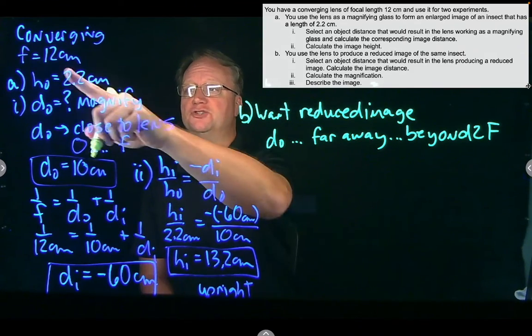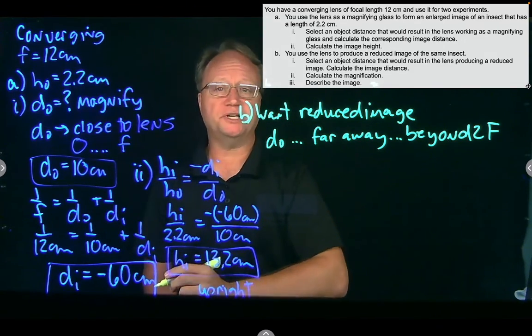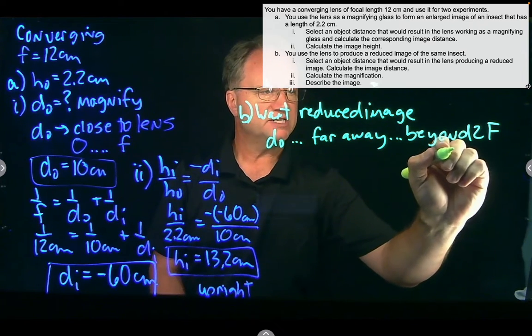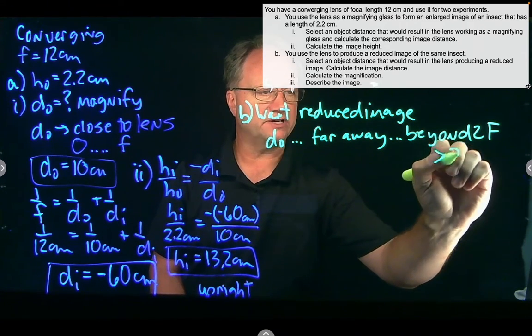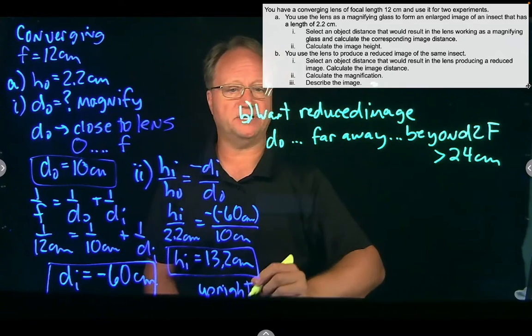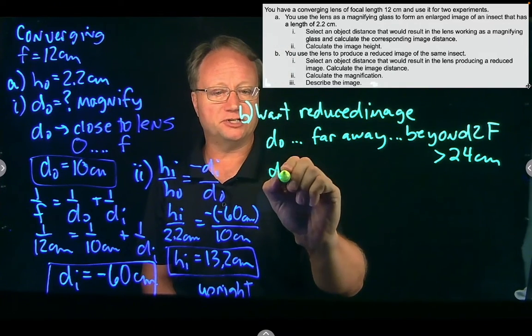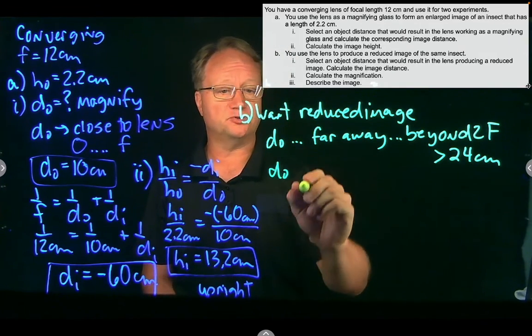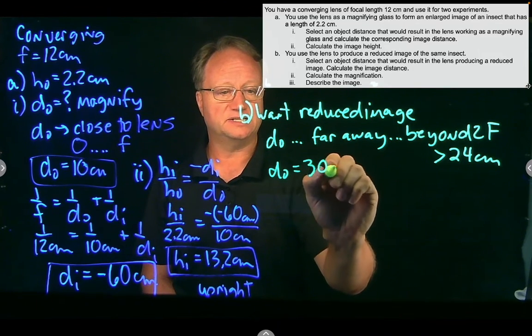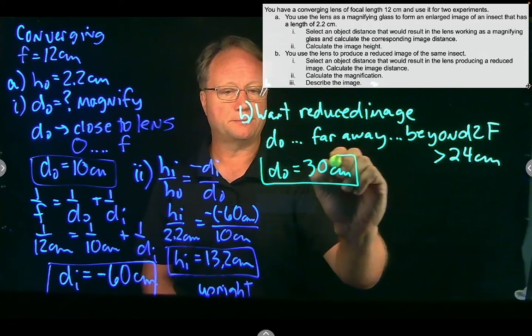Okay, so f is 12 centimeters, 2f would be 24 centimeters, so then we need to be greater than 24 centimeters. So I'm going to arbitrarily choose a d sub o value that is greater than 24 centimeters. Let's go with 30 centimeters.